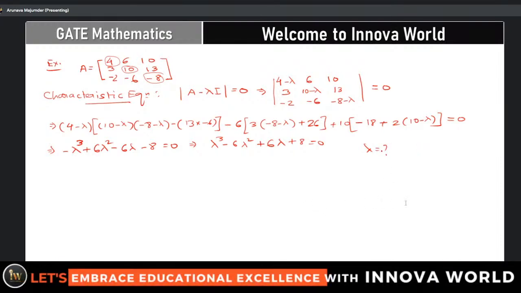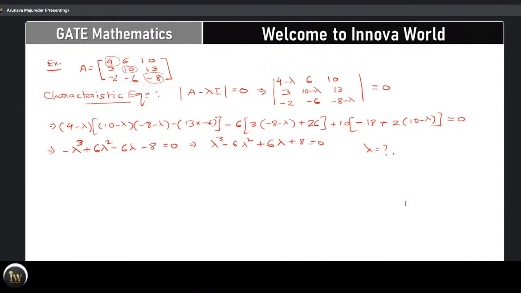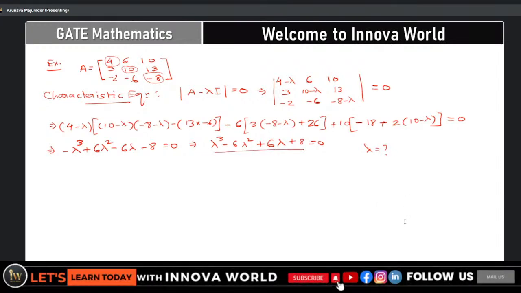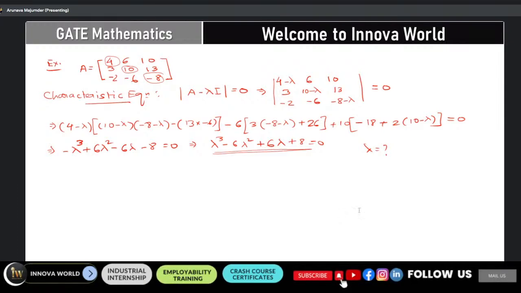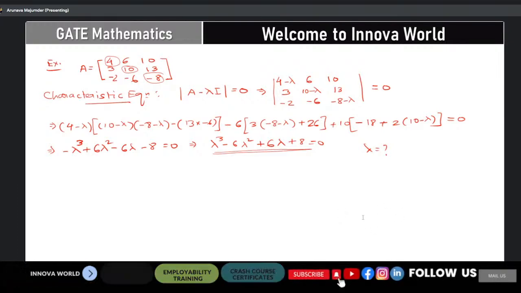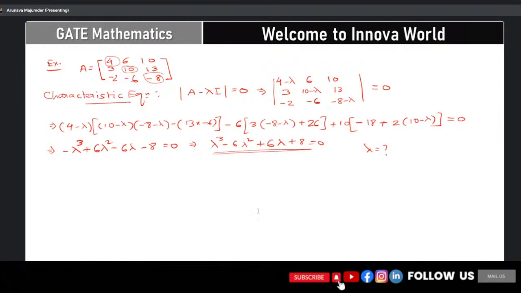You need to choose a value of lambda in such a way that this particular expression becomes 0. Can you tell me what is the value of lambda for which this expression will become 0?